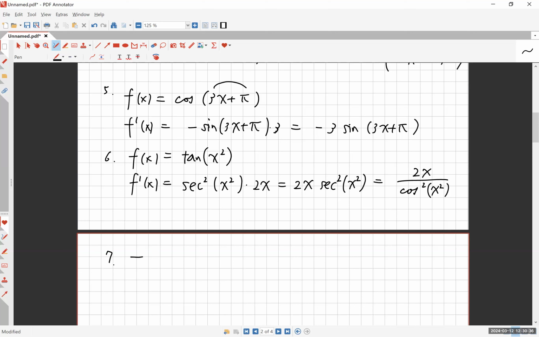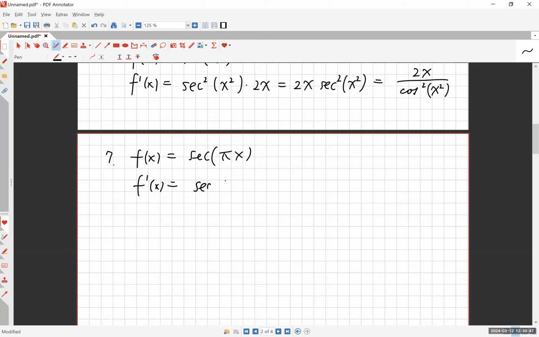Number 7, f of x is secant of pi x. So what is the derivative of secant? That is secant tangent, a product of secant and tangent. The argument for each is, of course, the blob. And now you take the derivative of the expression inside the parentheses, and that's pi, right?